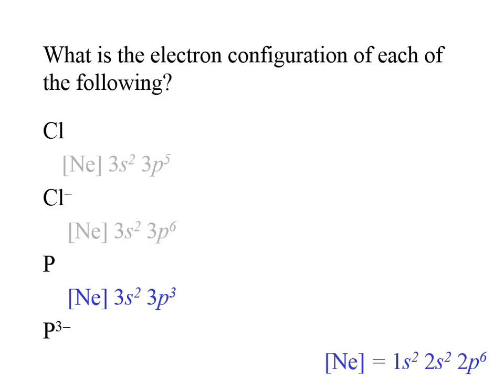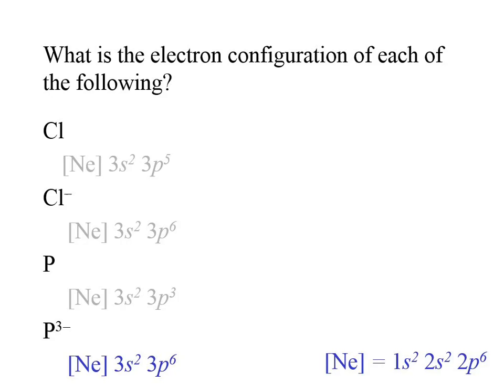Of course, phosphorus having 5 valence electrons, it's going to pick up 3 electrons and form a -3 charge. Here we go. We call this phosphide, we call that chloride. The phosphide ion now has the 10 electrons of neon. Beyond that, it's 3s2, 3p6.